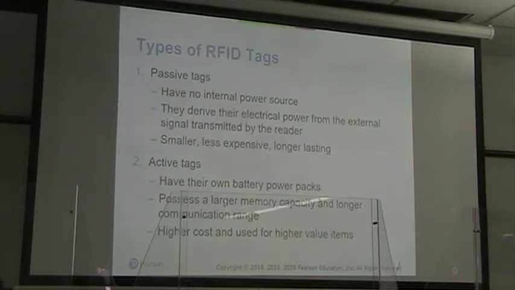Active tags, on the other hand, have their own battery power packs, right? So they are self-powered. They have a larger memory and a longer communication range. But that does mean that they have a higher cost, and they're used more specifically for high value items.